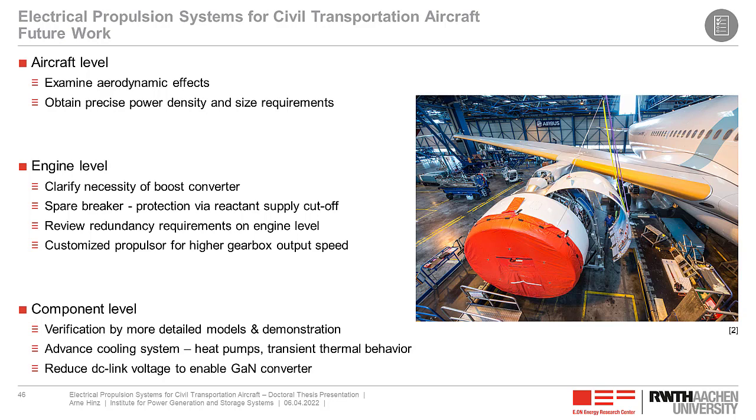We, for example, could consider heat pumps, and we should take into account the transient thermal behavior, as we design the electrical engines for a constant maximum power of, for example, 1 megawatt, whereas the turboprop engine has a maximum power of 2 megawatts for a certain range of time. Last but not least, we should also reduce the DC link voltage so that we can apply gallium nitride converters.